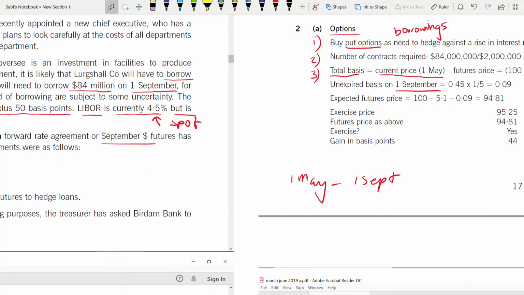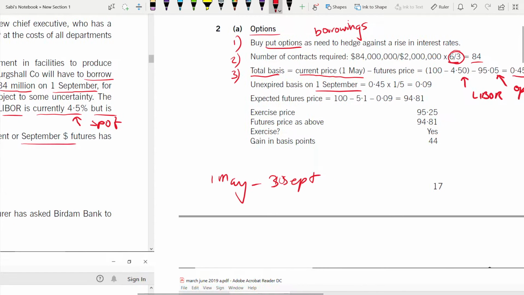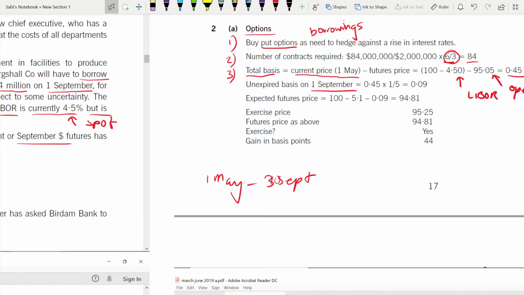Sorry, you have to take September. The reason is that you are taking a September future option, and any option or future expires on the last date of that month.